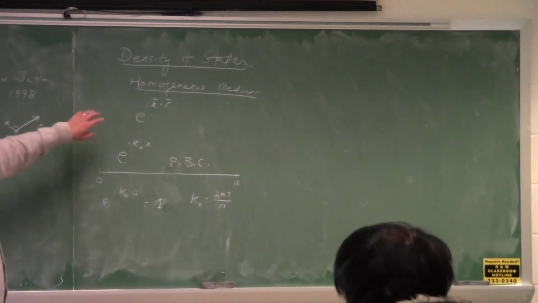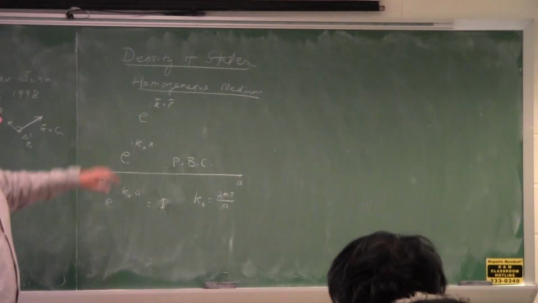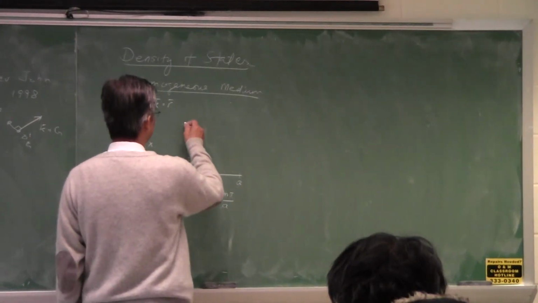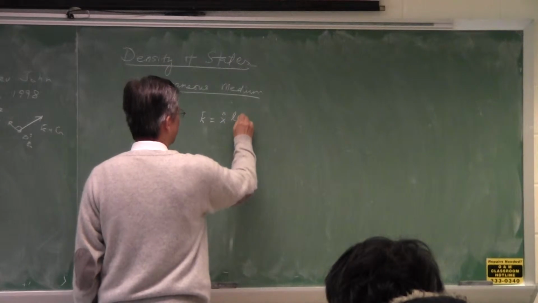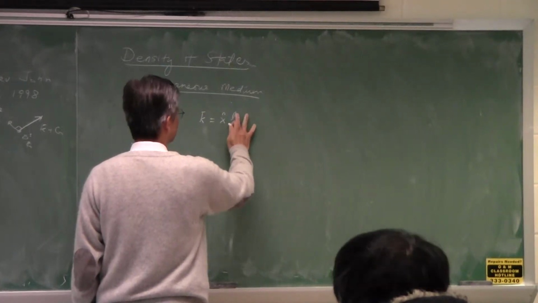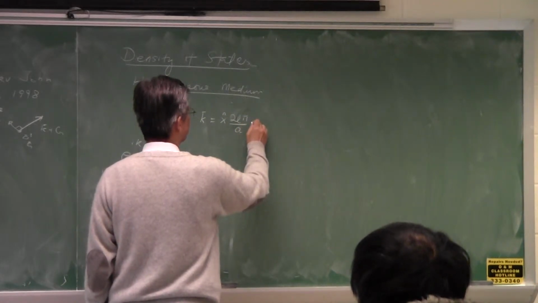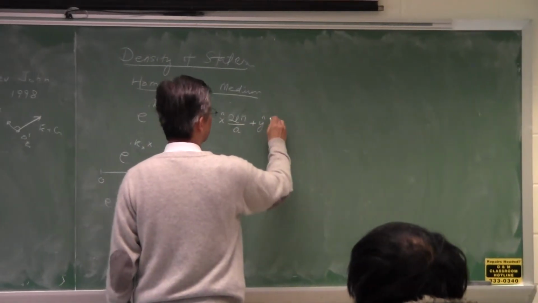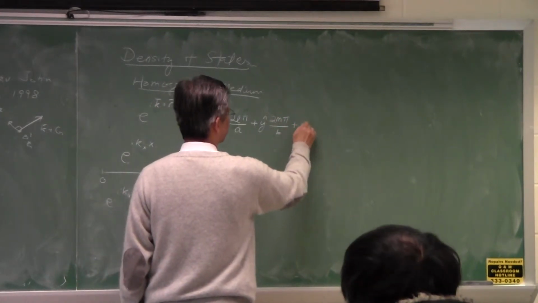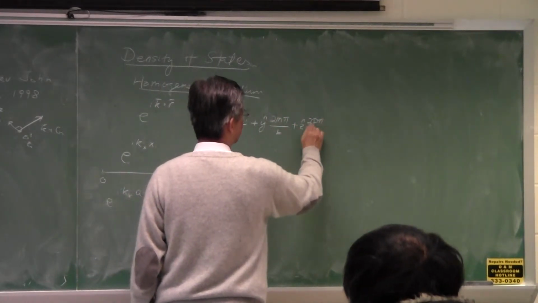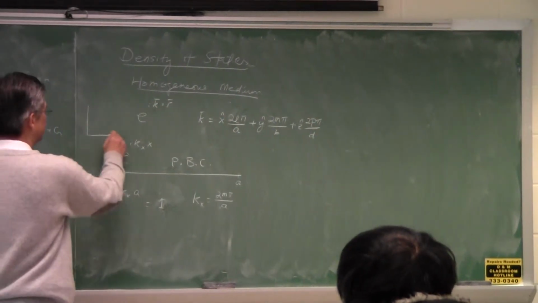I can do the same thing to this wave, which is uncountably infinite. I can change it into a countably infinite thing, so that my k vector becomes x 2l pi over a plus y 2m pi over b plus z 2n pi over d, by imposing periodic boundary conditions in 3 directions.